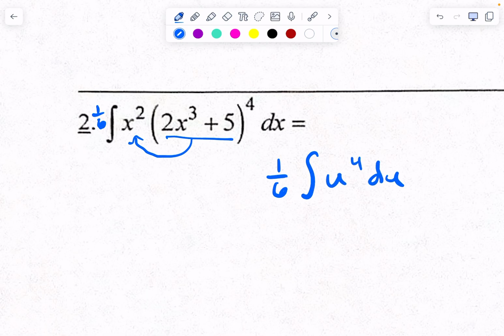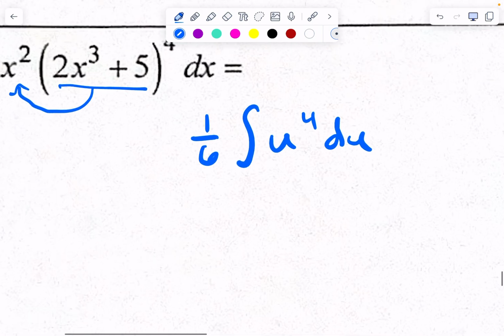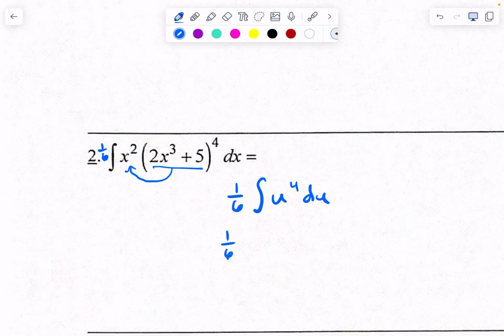Now do the antiderivative. 1/6 times 1/5, so you can combine those to 1/30th, u to the 5th, and then du.